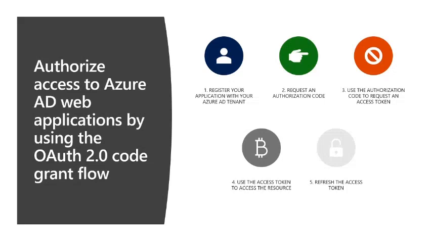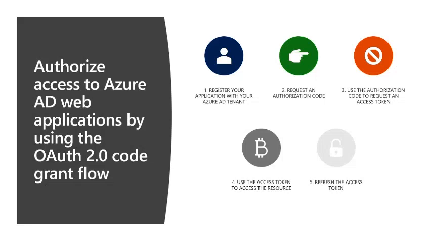Authorize access to Azure AD web applications by using the OAuth 2.0 code grant flow. Registering an app with Azure AD tenants, as you describe the process of authorizing access to Azure AD web applications that use code grant flow.